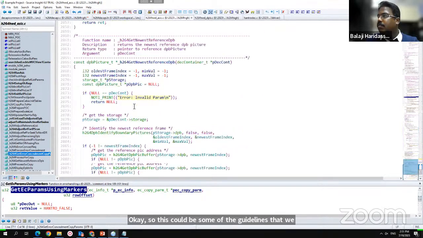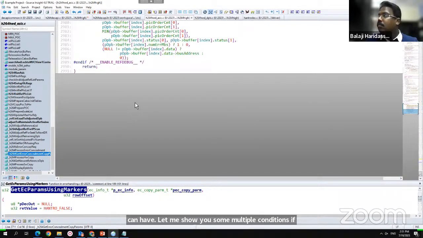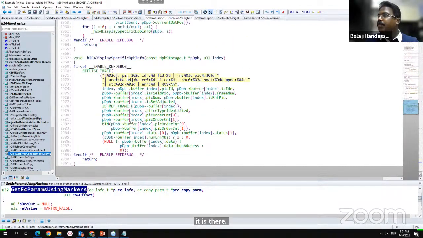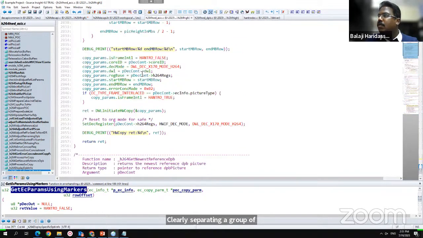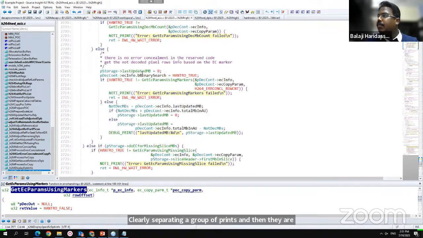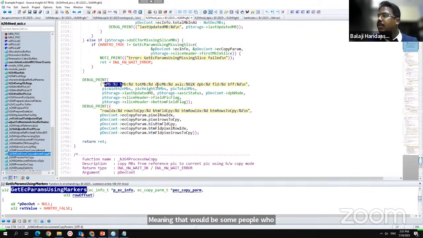Let me show you some multiple conditions if there are any. You can see the sprint is very clear. Pick value is this, value is this, value is this, clearly separating a group of prints, and then they are printing it out. So the sprint gives some real meaning. There could be some people who have not done this properly. See the prints, they are very clear.